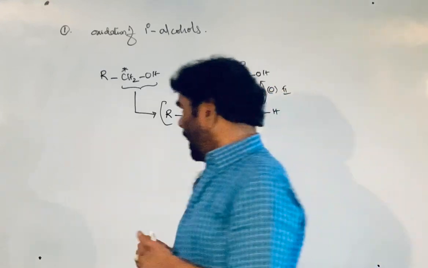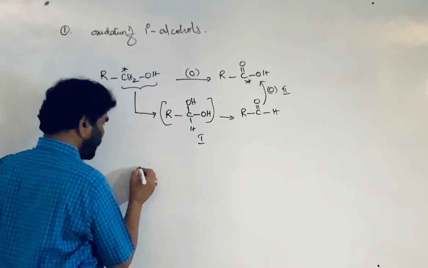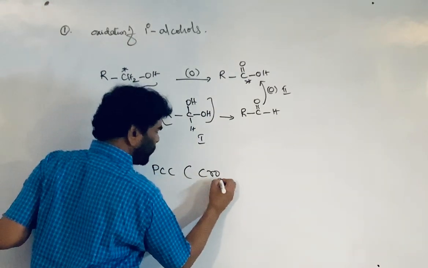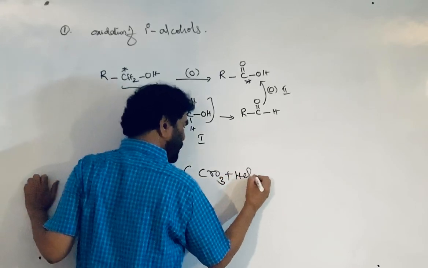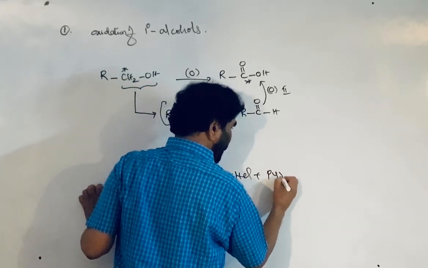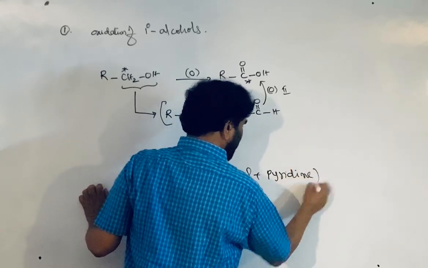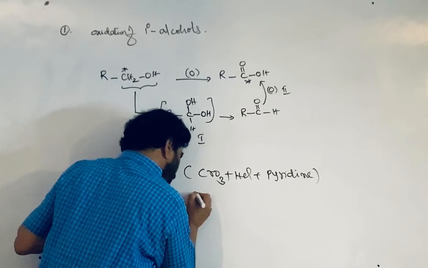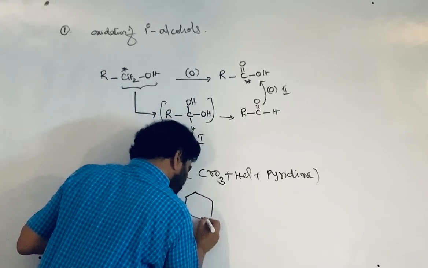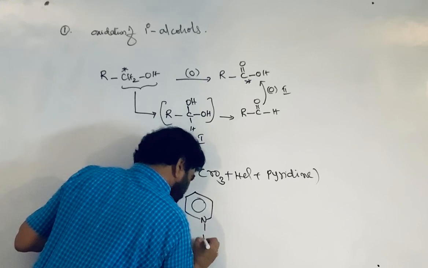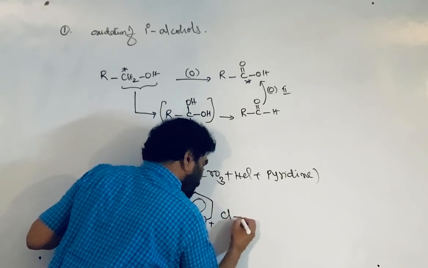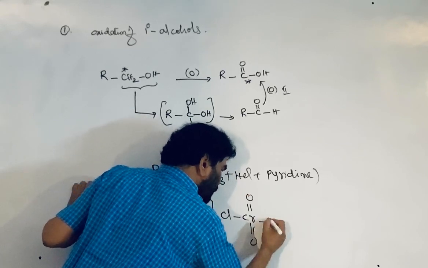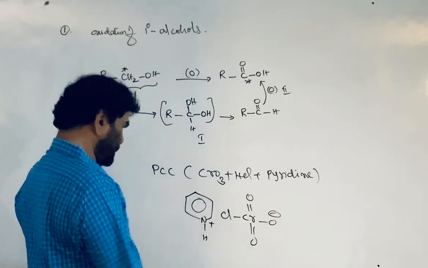A primary alcohol on reaction with PCC, pyridinium chlorochromate, that is CrO3 plus HCl plus pyridine base, forms pyridinium chlorochromate. It has the pyridinium ion, the cation, and the chlorochromate ion, Cr double bond O minus, the anion.